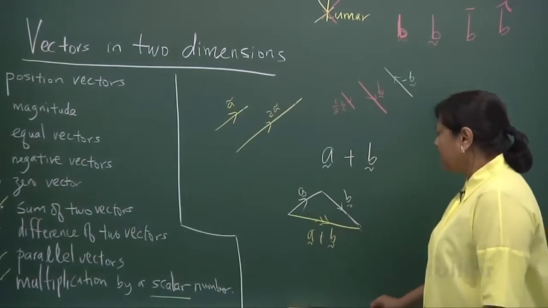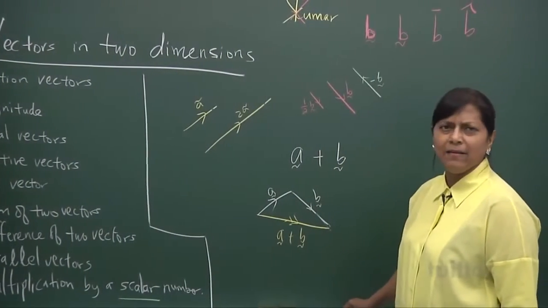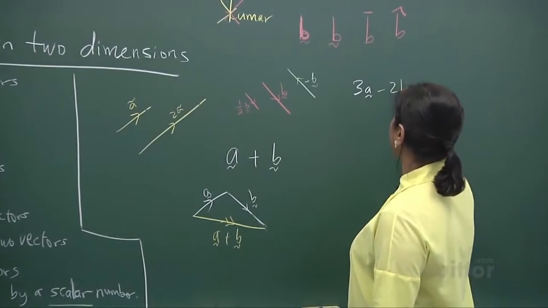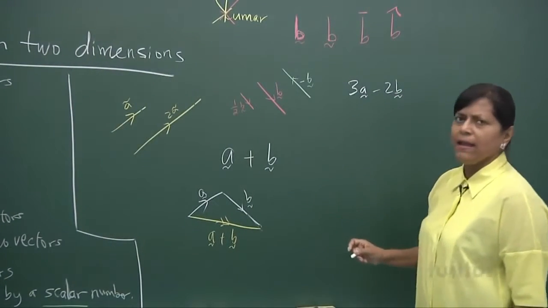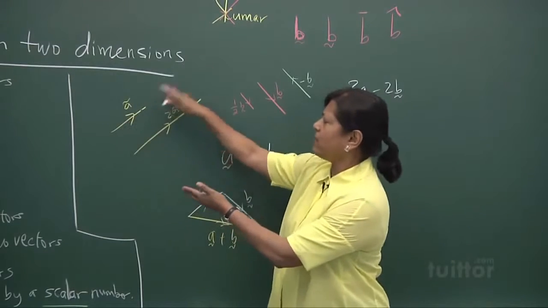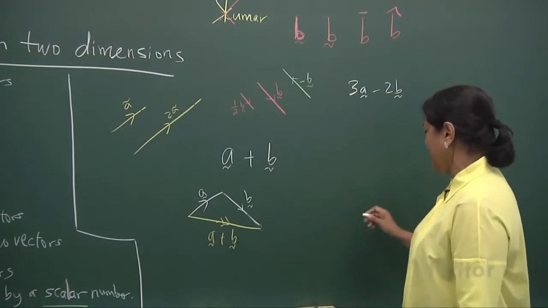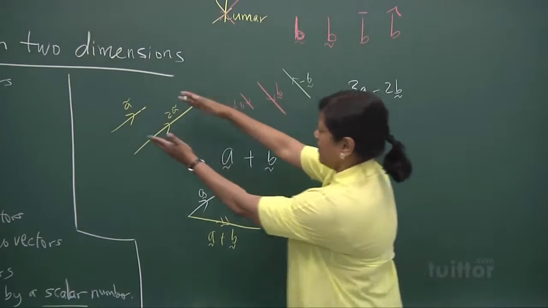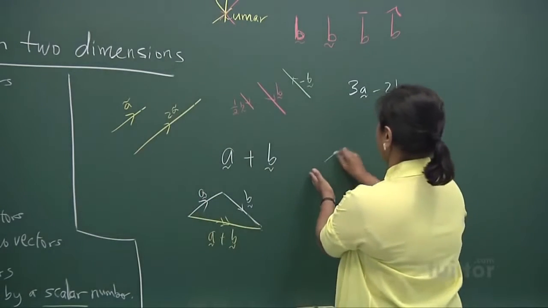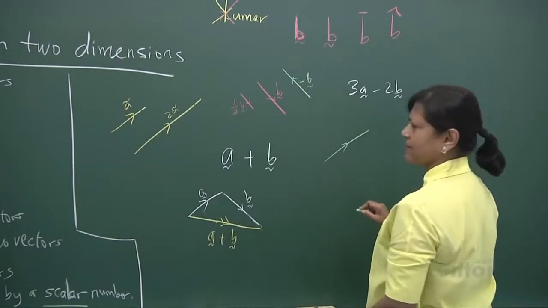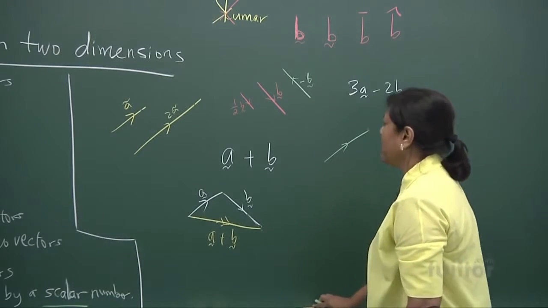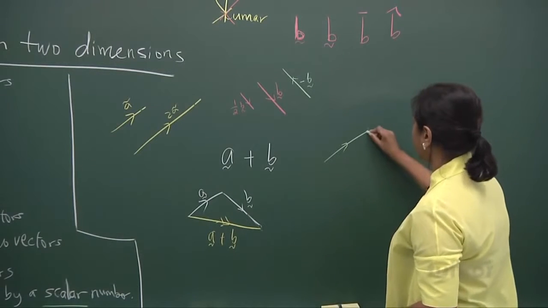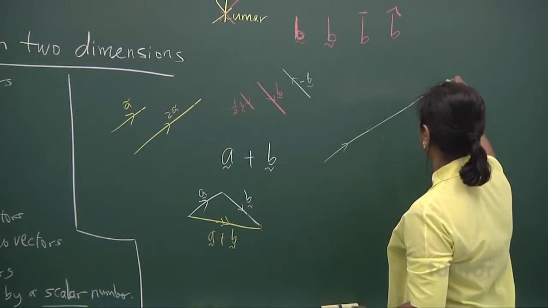Now, let's look at what is 3A minus 2B. Where's vector A? This way. 3A is 3 times that length. Let me put it this way, getting the direction of vector A. 3A is going to be 3 times the length, 1, 2, 3.